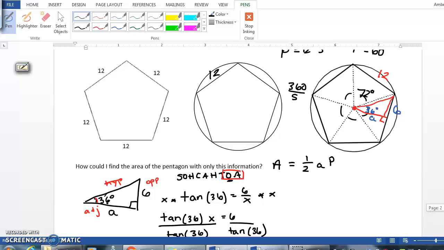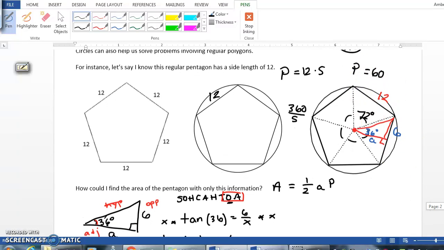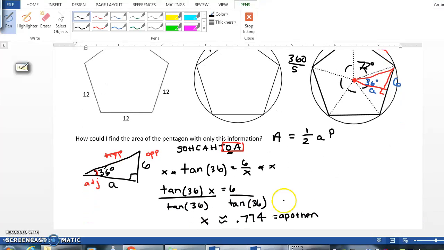Now, if you remember from the last video, we already solved for our perimeter, which is equal to 60. 12 times 5. Now that we have the apothem, we can simply put it in our formula for area. So area is going to equal 1/2 times the apothem, 0.774, times the perimeter, which is 60.